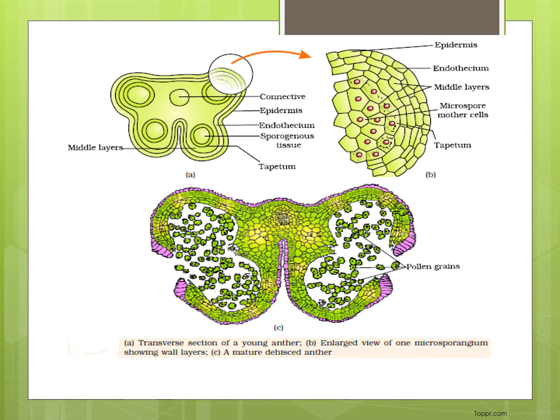Each microsporangium has different layers such as epidermis, endothecium, middle layers. Then there are microspore mother cells which help in the formation of microspores or pollen grains. And there is another tissue called tapetum. And the picture also shows a mature dehisced anther.